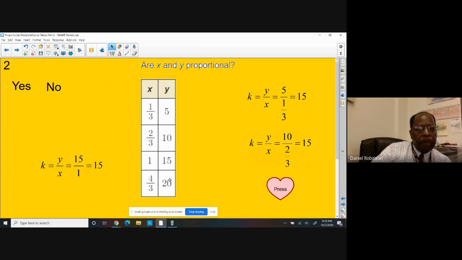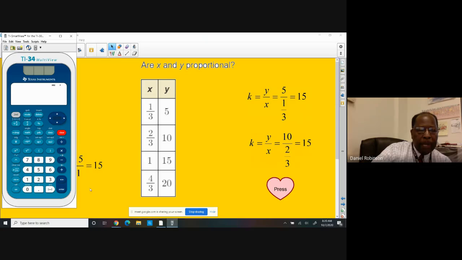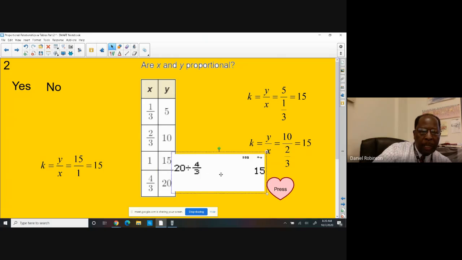So I've checked 3 of them, and I'm fairly sure that this last one is going to be 15, but let me get my calculator just in case I'm wrong. So 20 divided by 4/3, because the fraction bar means divide. I type my fraction, 4, fraction bar, thirds, and see if that equals 15. Yes, that one also equals 15.